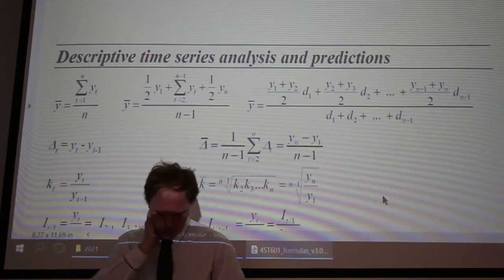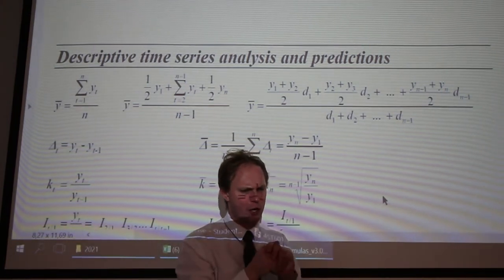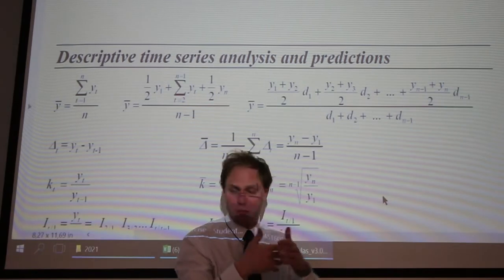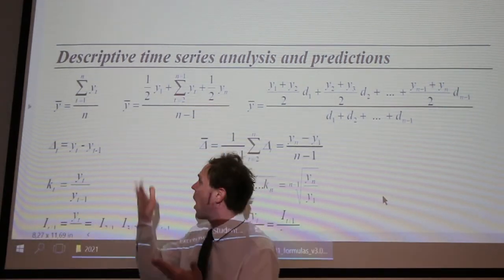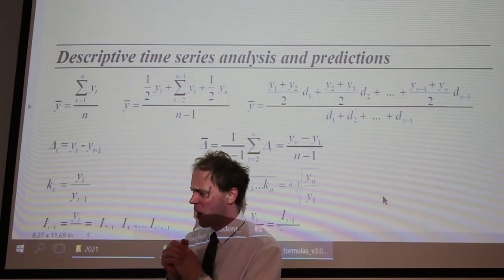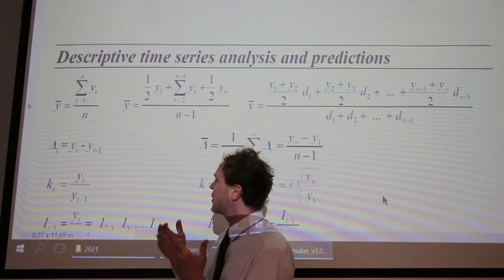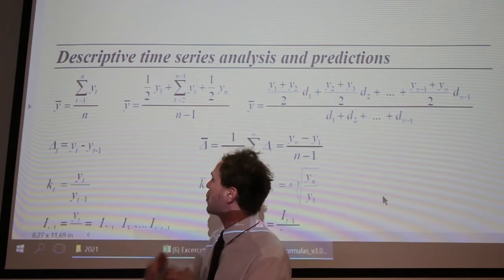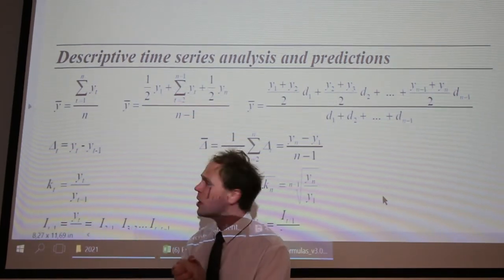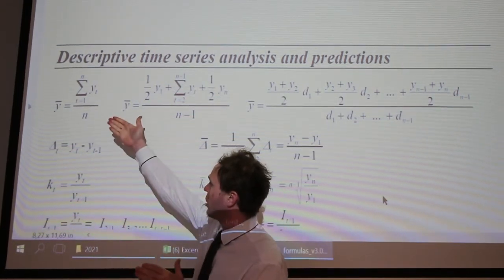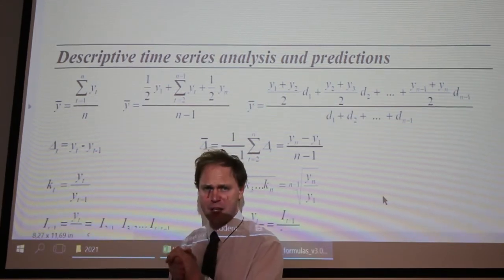This first mean can be used for the situation of a flow time series, for example, our time series about the development of gas production. We have a flow time series here.